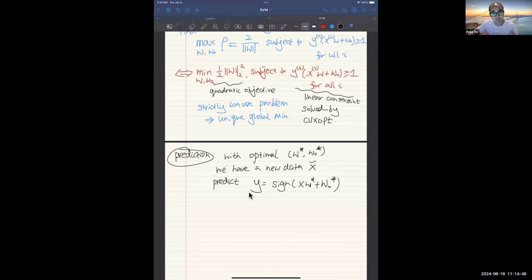All right, so this is a simple introduction. In the next part, we are going to use another method to solve this problem, other than CVXOPT. We are going to use the Lagrangian of the primal problem to create a new problem and solve everything accordingly.